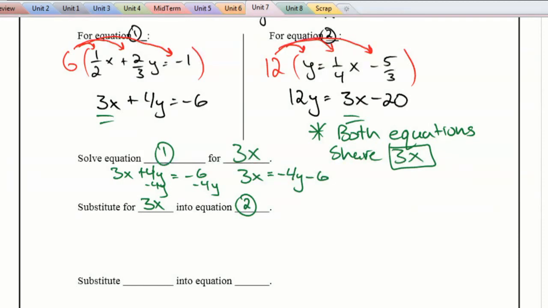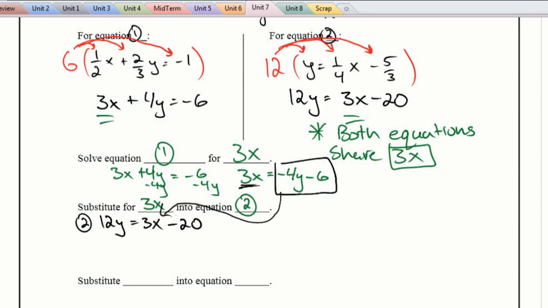So what did equation number 2 look like? It looked like this. This is equation number 2: 12y is 3x minus 20. And what I'm saying is 3x is equal to negative 4y minus 6. So everywhere there's a 3x in this equation down here, I can plug in negative 4y minus 6, which maybe doesn't seem super obvious at first, but we're going to go for it.